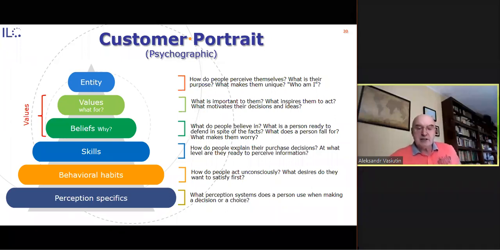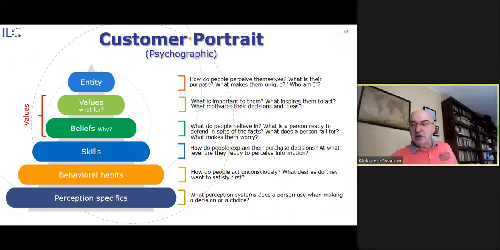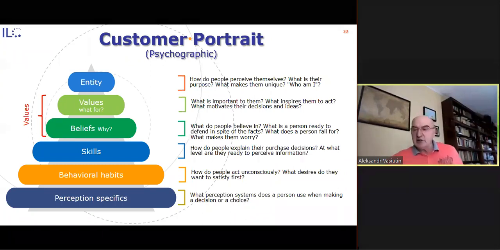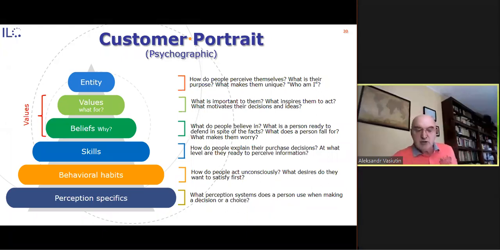The third level of the customer's portrait or profile is our skills: how we explain the decisions we make, at which level we are ready to accept information, our habits, or why people act subconsciously, and some peculiarities of perception. So there are people who are visuals.